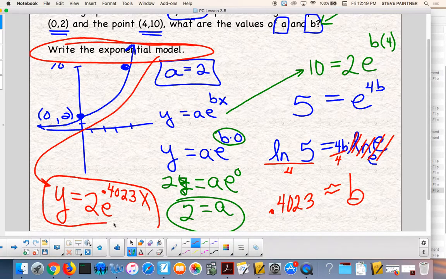Right? Okay. So this equation, this formula, this model, whatever you want to call it, this will get you any point on the graph, right? So if I said to you right now, this is 4, you get what? 410? Well, what if I said, what's it going to be if you plug in 8? What could you do? Toss 8 in. 8 goes there. Punch it into your calculator.